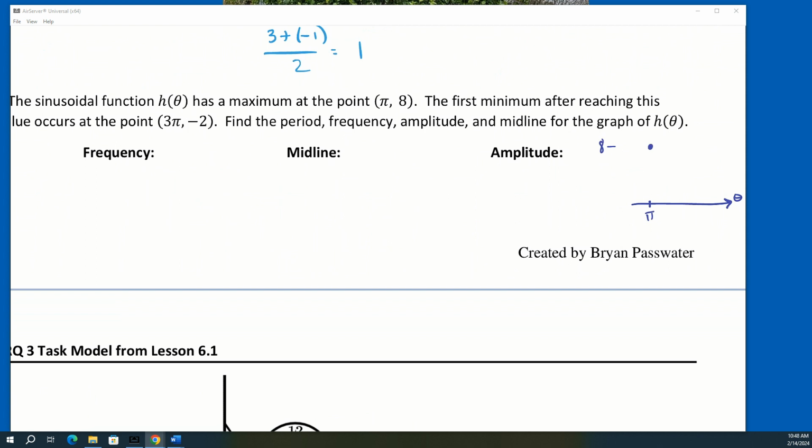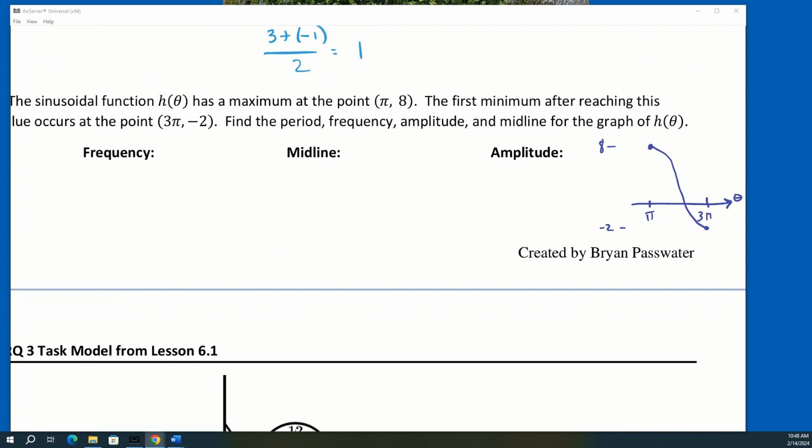And then I know that when theta is 3 pi, I have a minimum down here at negative 2. All right. Is that a whole period? How much of a period is it?